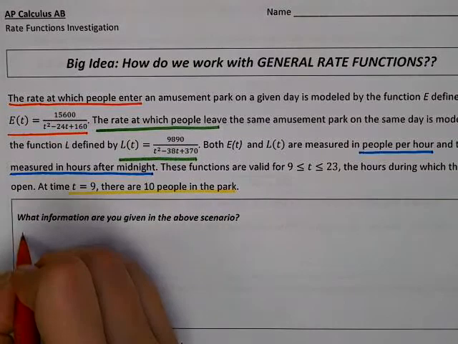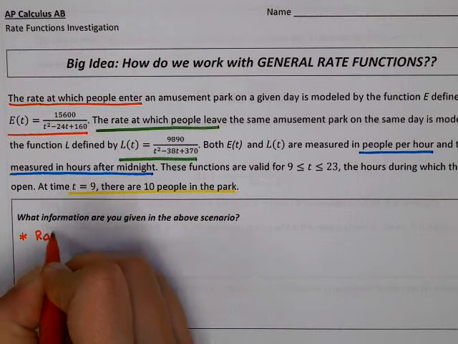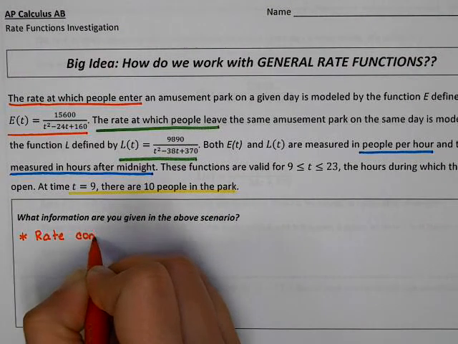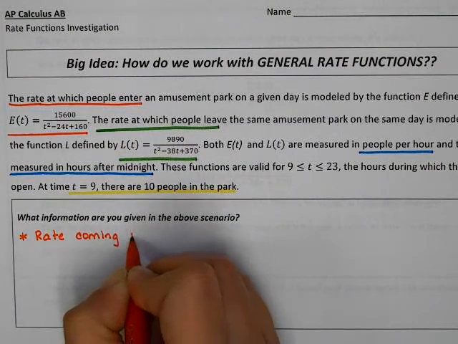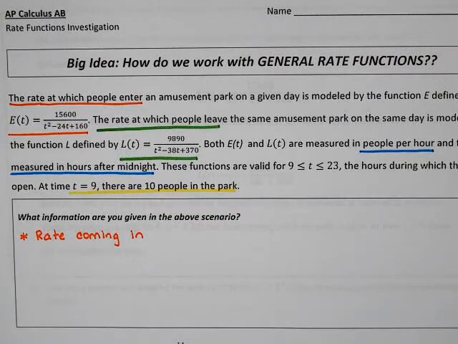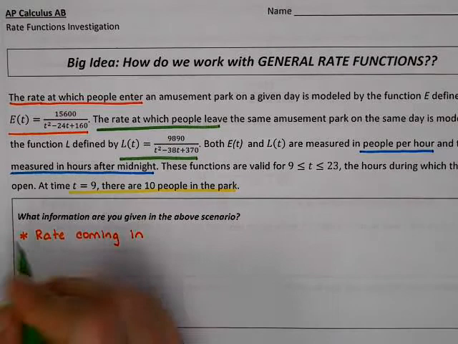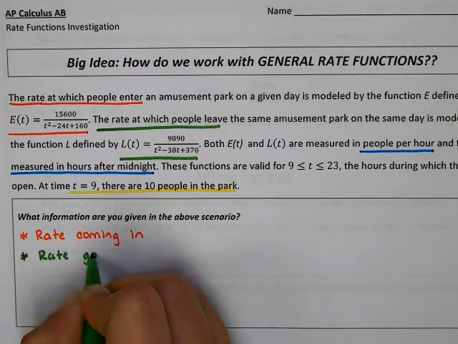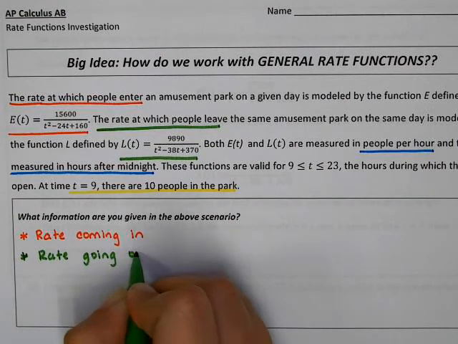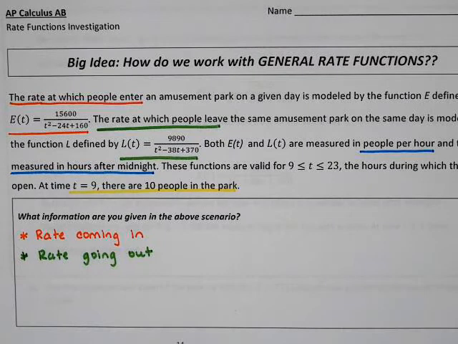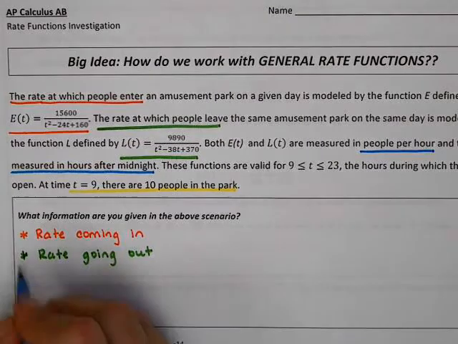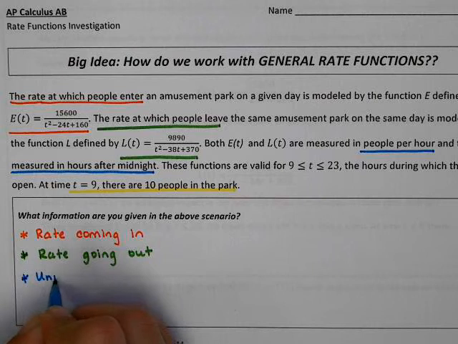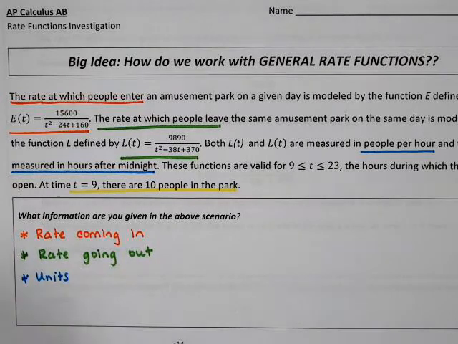We are given there's a rate coming in. We are given the rate that's going out. We are given the units. And we are given an initial value.